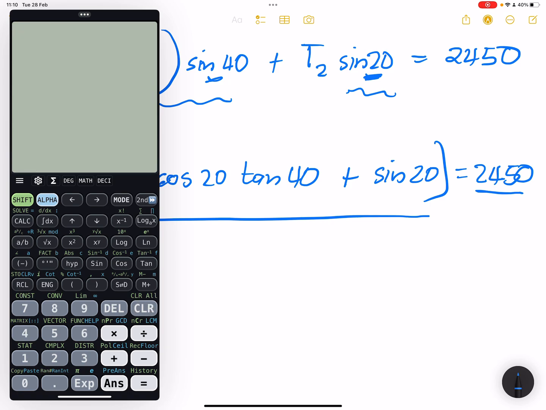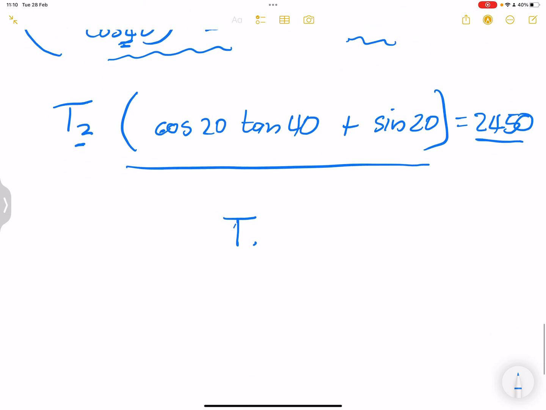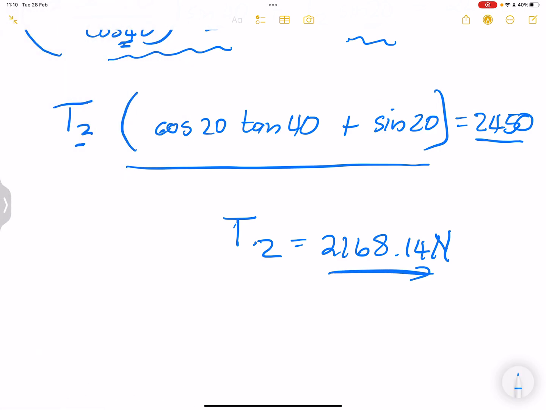Right, so I'm going to just say 2450 divided by 1.13. Sorry, ladies and gents, because I lost that value there. So my T, is it T2? Yes, that's T2. That's going to be equal to 2168.14.